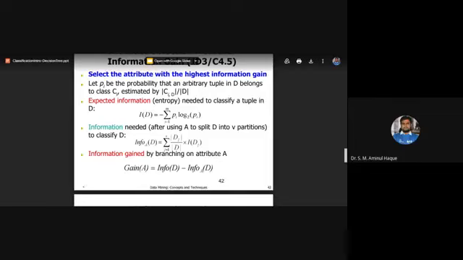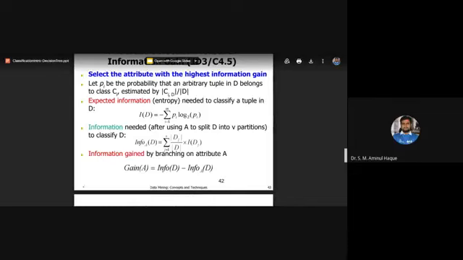Info is some sort of entropy that you are going to measure, and Info_A is the entropy in terms of that particular attribute. Info(D), also written I(D), is basically entropy; the same thing, this formula. And Info_A(D), the formula is this one.